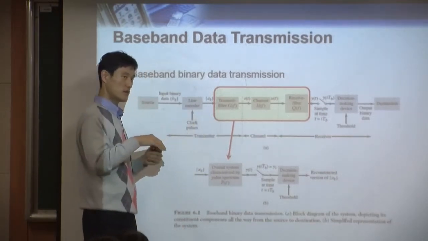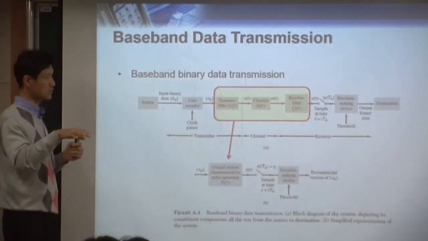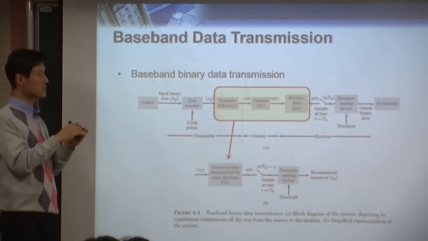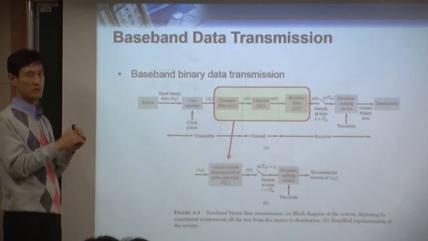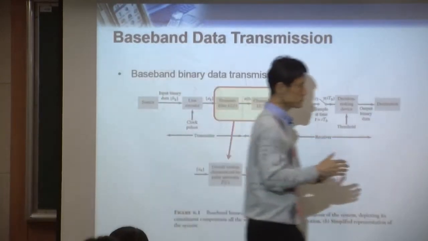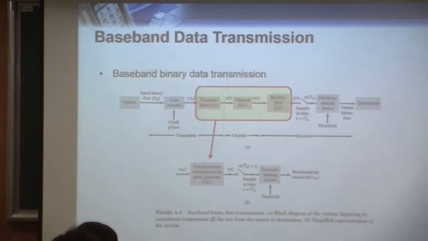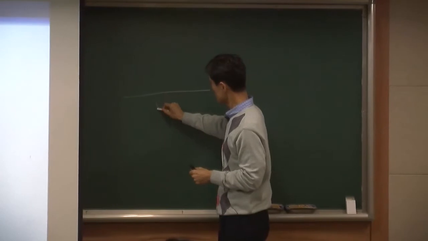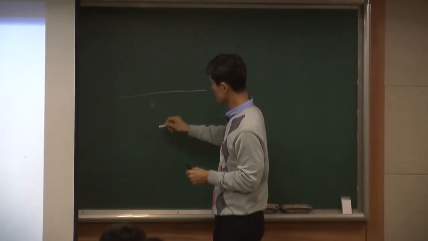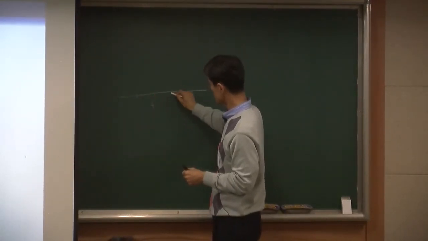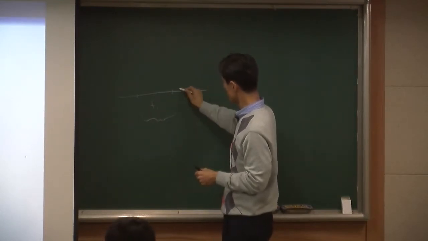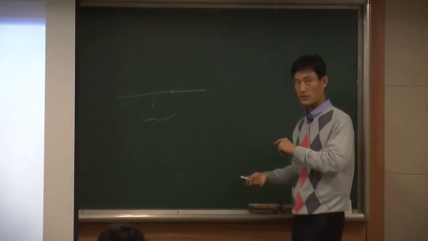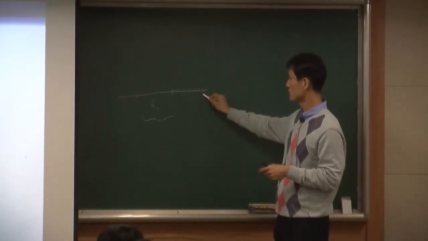So the government or the organization asks you to satisfy some filter, some spectrum mask, as we call it. What that means, let's say this is your frequency, F1. From here to here is your bandwidth. In this region, it's used for someone else. It's not for you. Someone else is using this frequency.